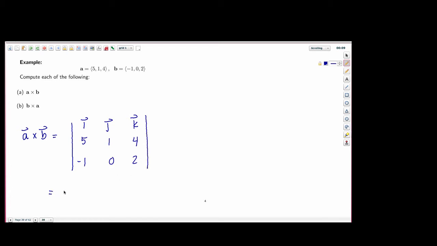I'm going to get I times, if I crossed out I's row and column, 1 times 2 minus 4 times 0. And then remember, it goes plus, minus, plus, so now it's minus J times, if you crossed out J's row and column, 10 minus 4. And then plus K times, cross out K's row and column, and you get 0 minus 1.